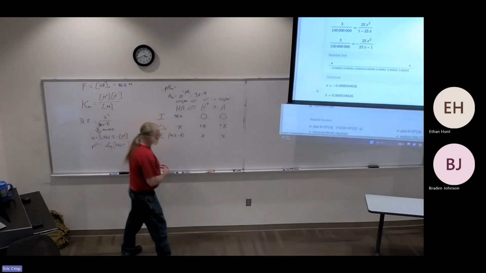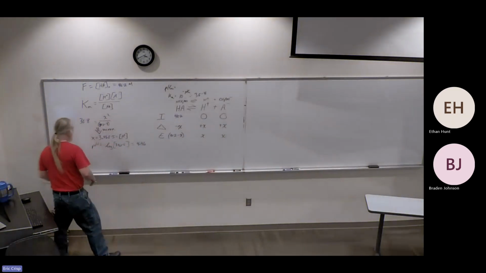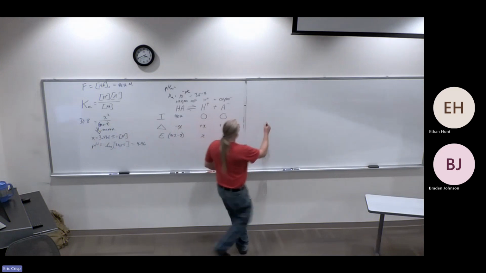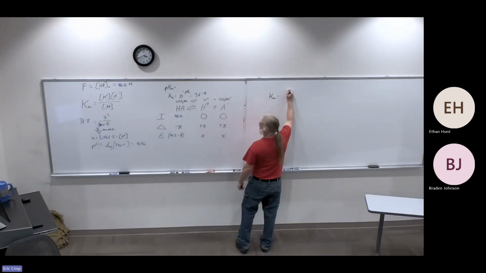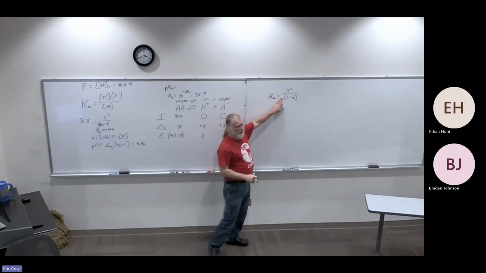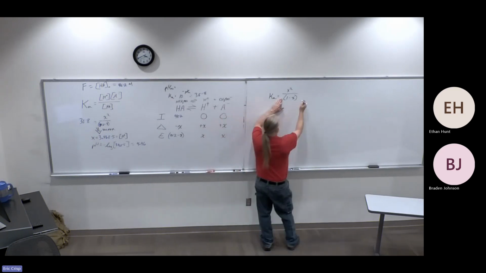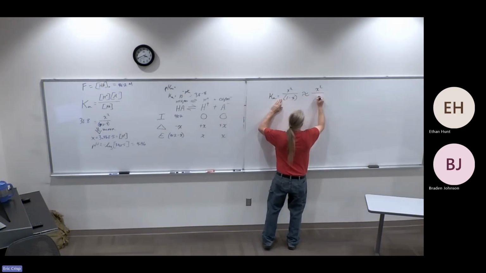So Owen is taking Ka equal to x squared over 1 minus x, but you're assuming here that this is approximately the same as x squared over 1.